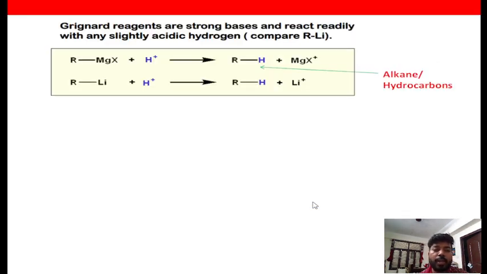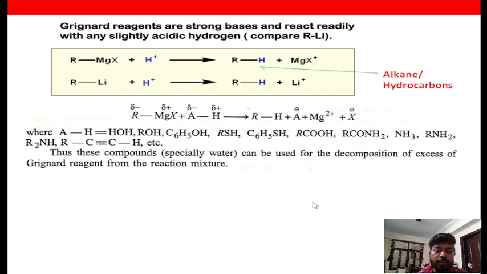As I told you, in Grignard the R part can act as a nucleophile and also as a base depending on the condition. They abstract acidic protons and give hydrocarbons. Here I have given a list of compounds AH where acidic protons are available.